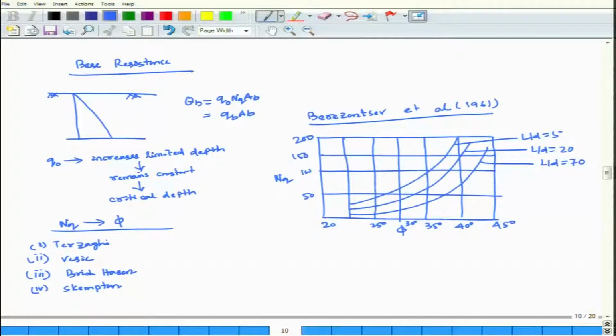You can utilize the theory of Terzaghi, Meyerhof, Brinch-Hansen, also Skempton. However, Berezantsev et al., 1961, have given the values of NQ based on field data of phi for L by D of 5, 20 and 70. These charts you can collect from a book, then this can be utilized to find your base resistance.